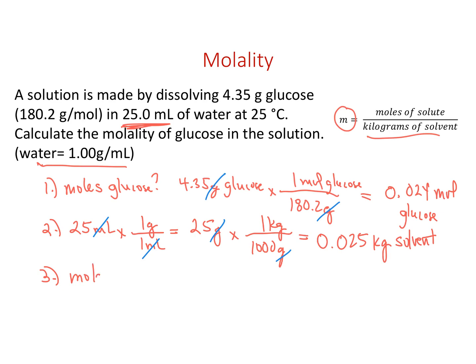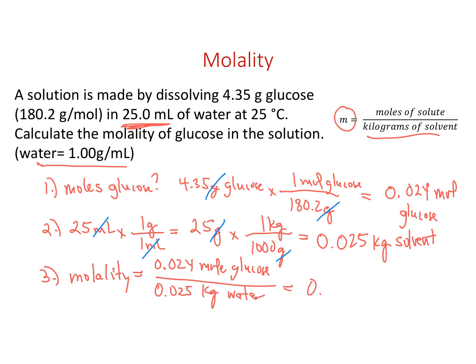Now for step 3, the last step, now I can calculate the molality of the solution, because now I know the number of moles. I have 0.024 moles of glucose, and I have that amount of moles dissolved in 0.025 kilograms of water, which is my solvent. And that gives me a molality of approximately 0.96 molal.